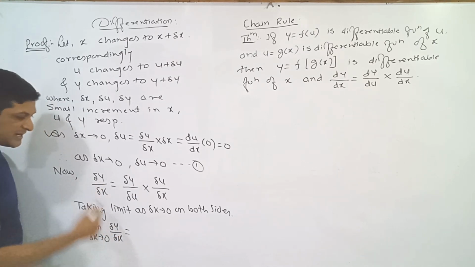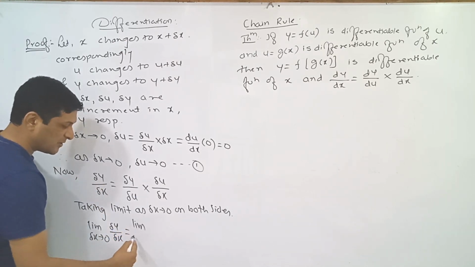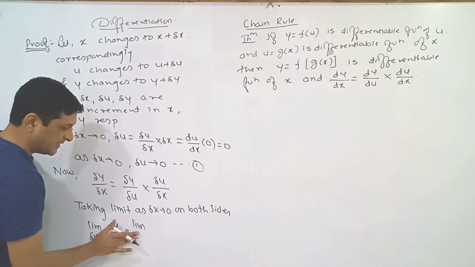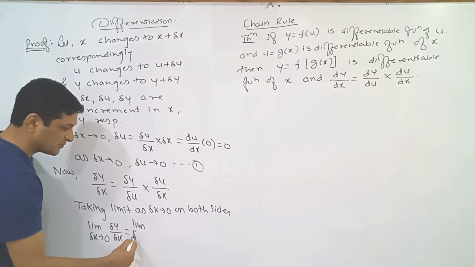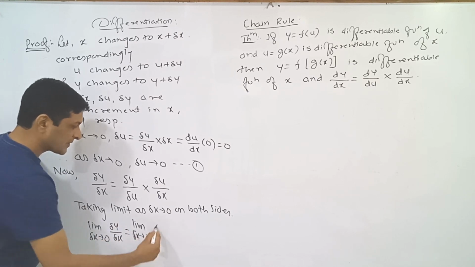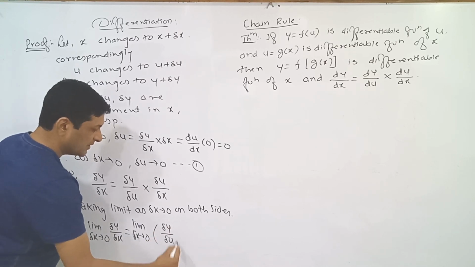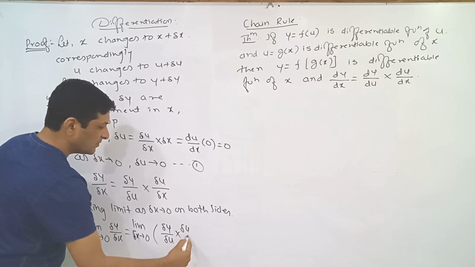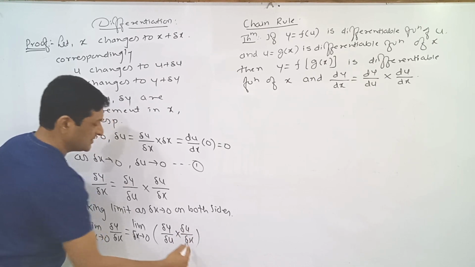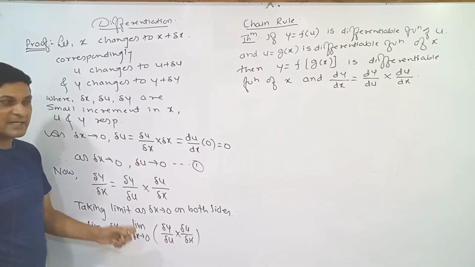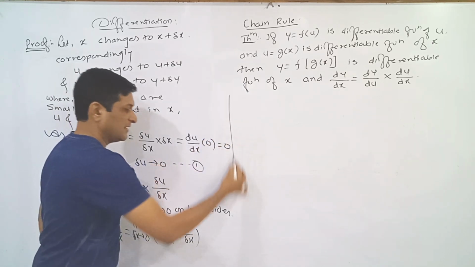We have taken the limit on the left hand side. In the same way take the limit on the right hand side also: limit Δx tends to 0, Δy/Δu into Δu/Δx. We have simply taken the limit as Δx tends to 0 on both sides.